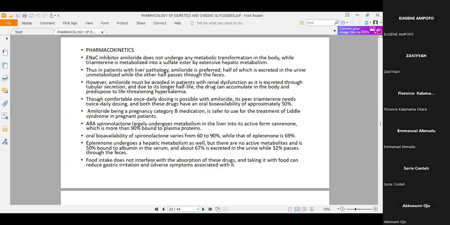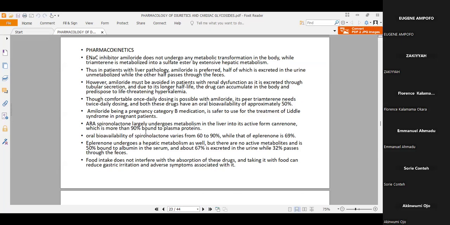Amiloride, in pregnancy, belongs to category B medication. It's safer to use for the treatment of Liddle syndrome in pregnant patients. Aldosterone receptor antagonists: spironolactone largely undergoes metabolism in the liver into its active form, canrenone, which is more than 90% bound to plasma proteins.